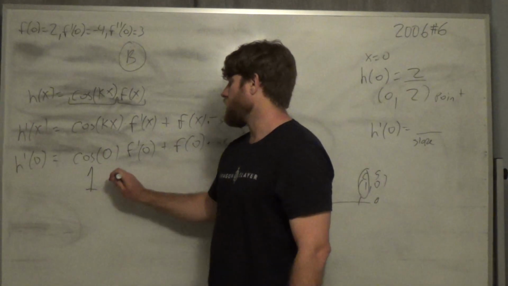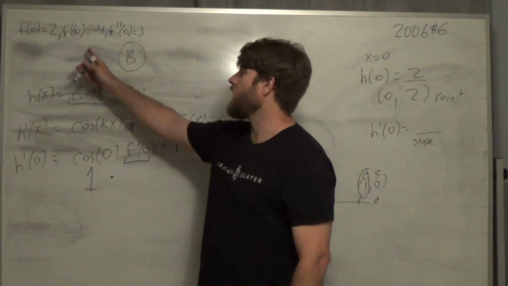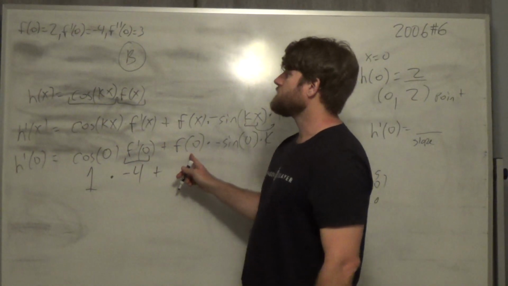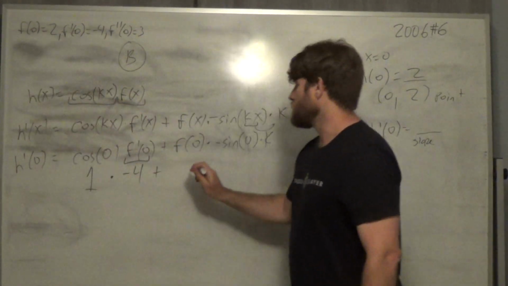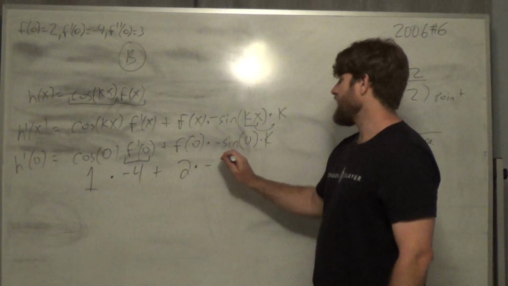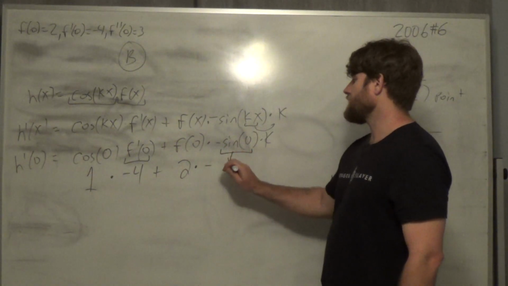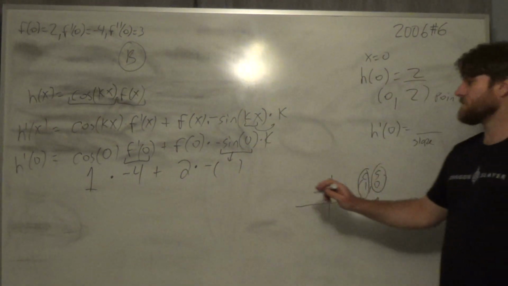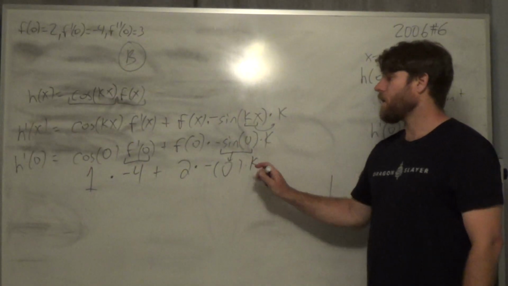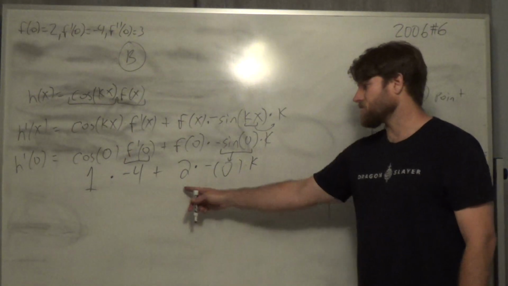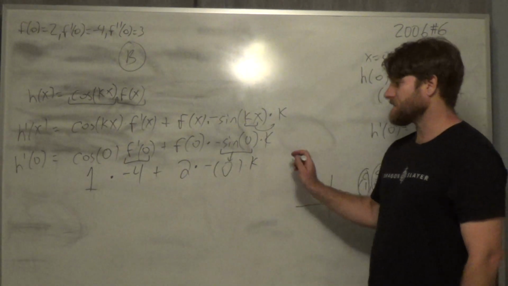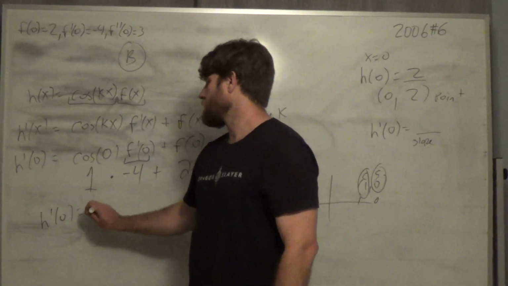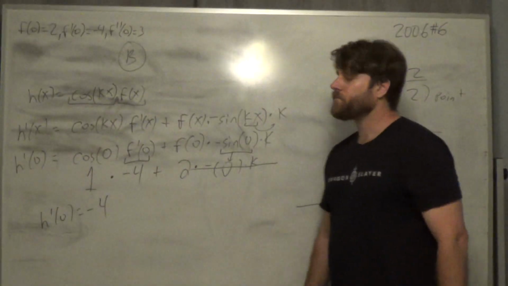So here we have 1 times f prime 0, which is negative 4, plus f of 0, 2, times negative, and here's the kicker, sine of 0. Sine of 0 is 0. If you were wondering what you're going to do about that k, it gets destroyed. 2 times 0 times k is gone, leaving h prime 0 as negative 4.